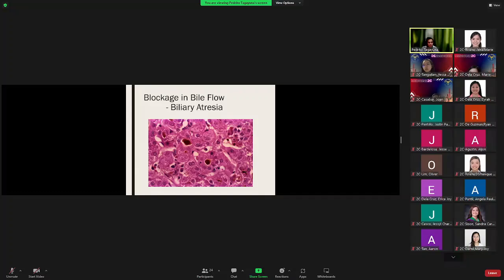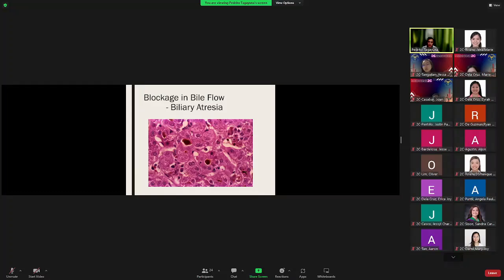Another mechanism of liver dysfunction is blockage of the bile flow. One of the metabolic functions of the liver is the excretion or catabolism of heme.